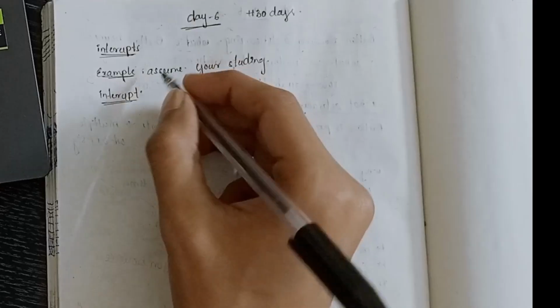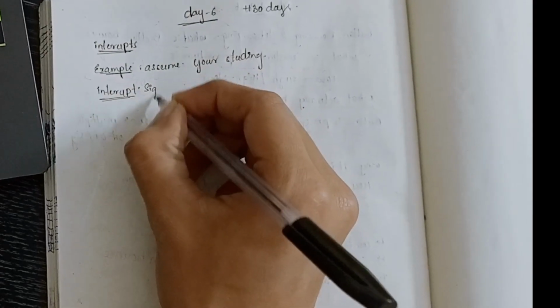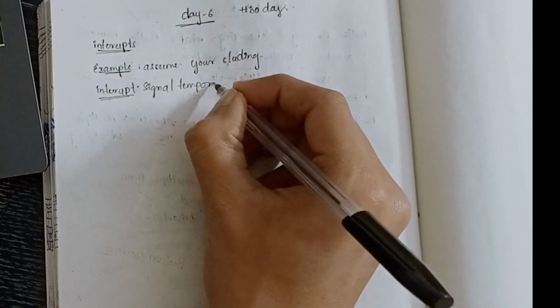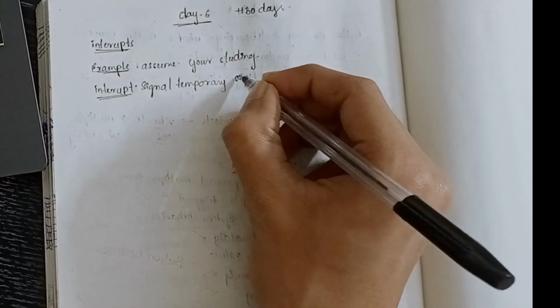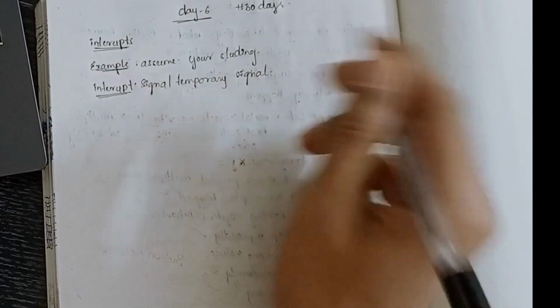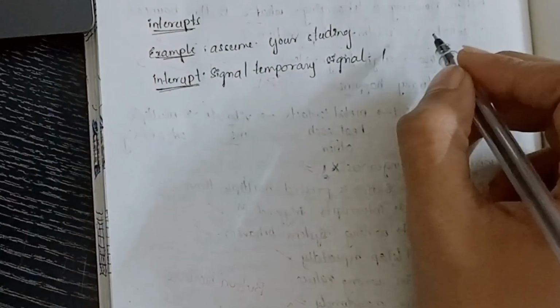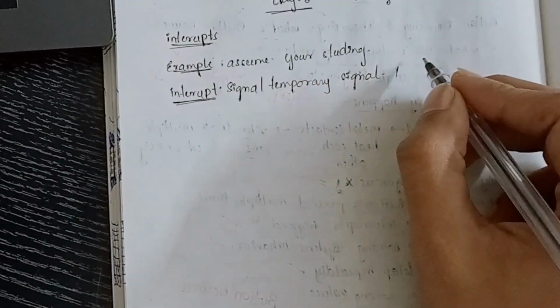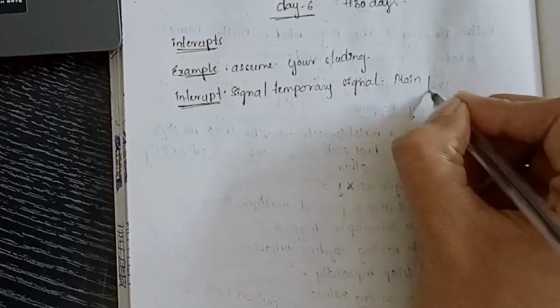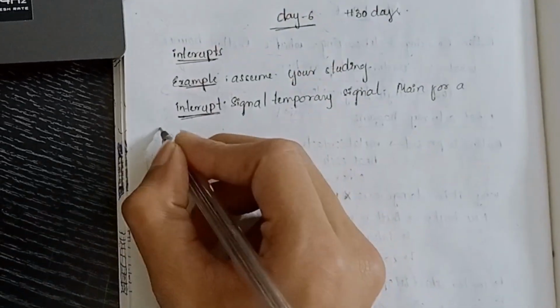An interrupt is a temporary signal. So an interrupt is a signal which stops the main program for a short amount of time.